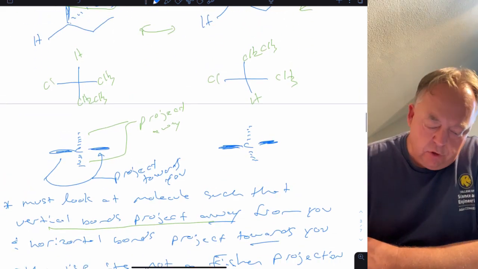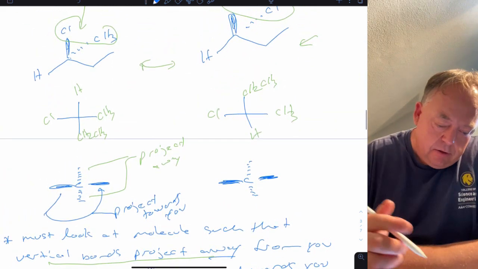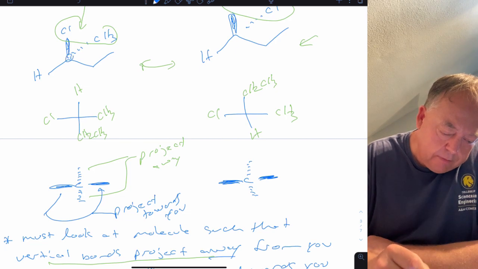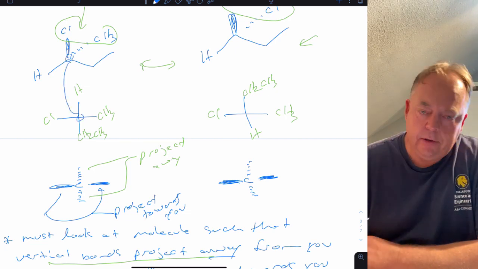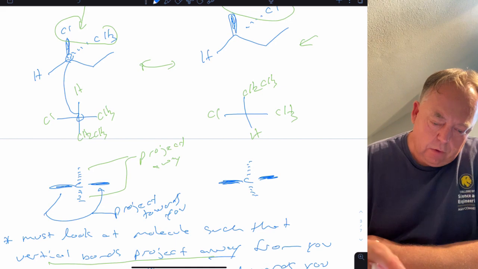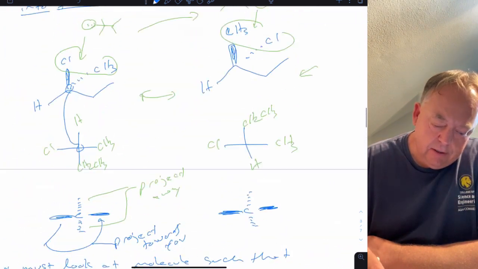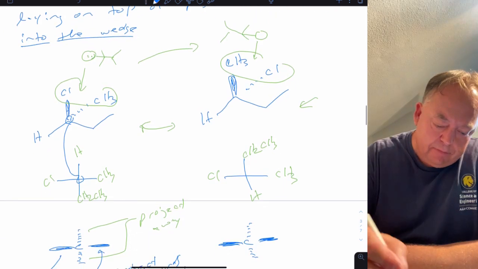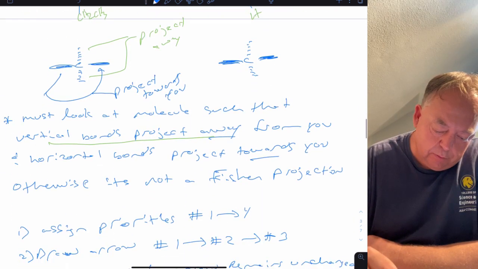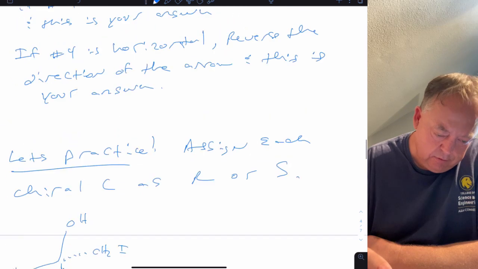Okay, so those are our two Fischer projections, and the chiral carbon is there in the Fischer projection. So what we want to do now is assign priorities 1 through 4, just like before.